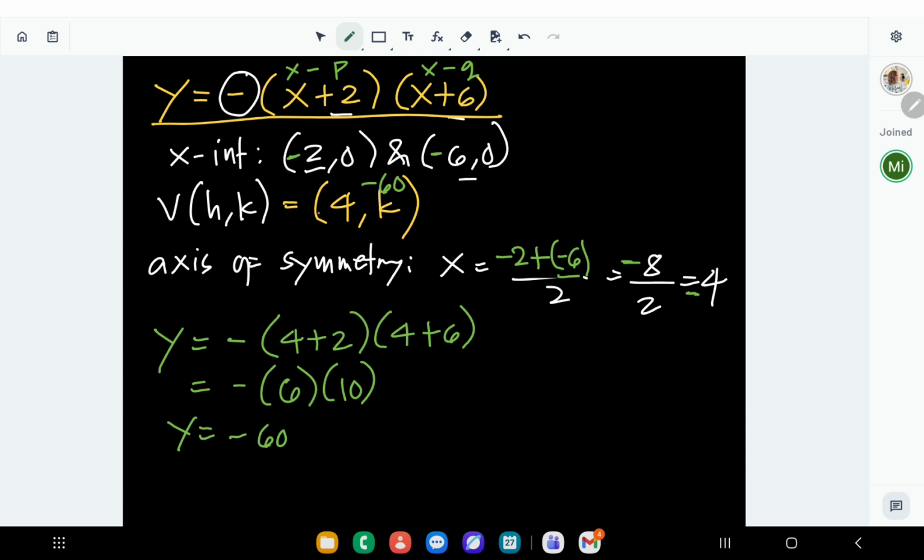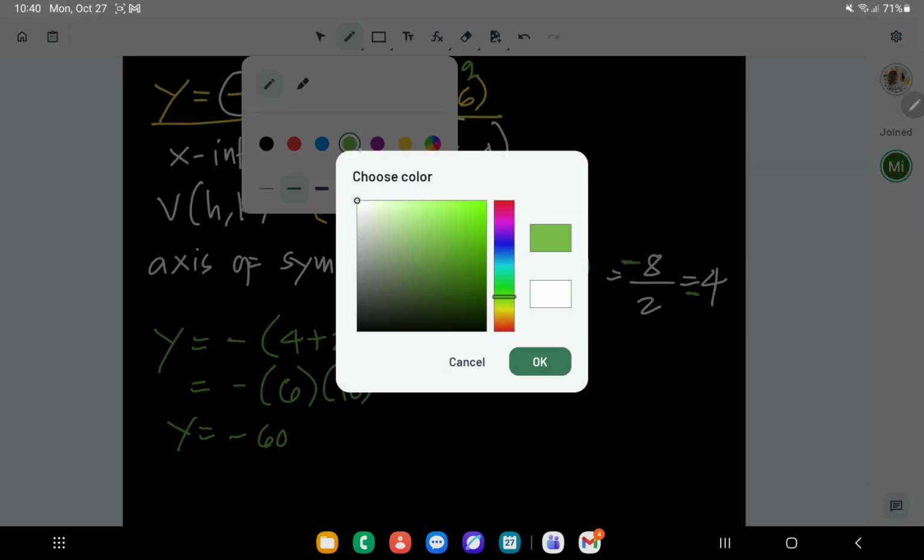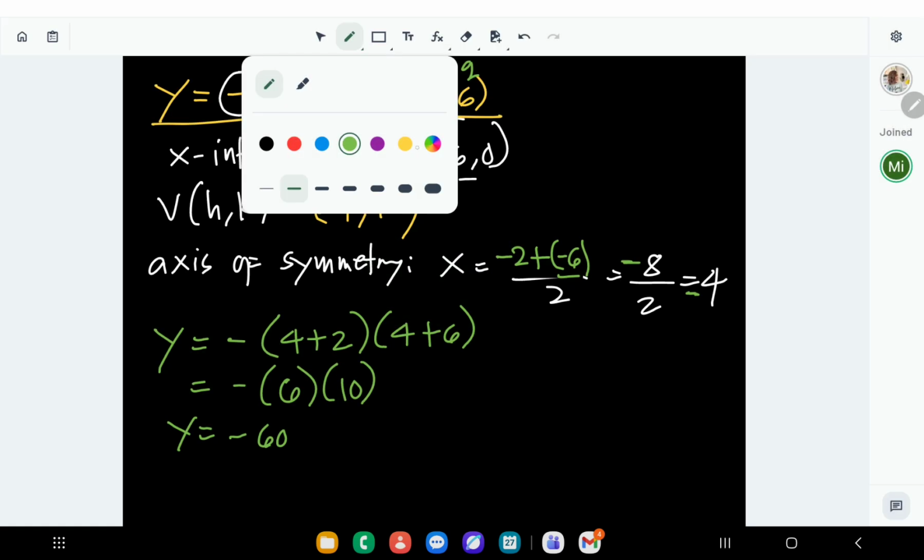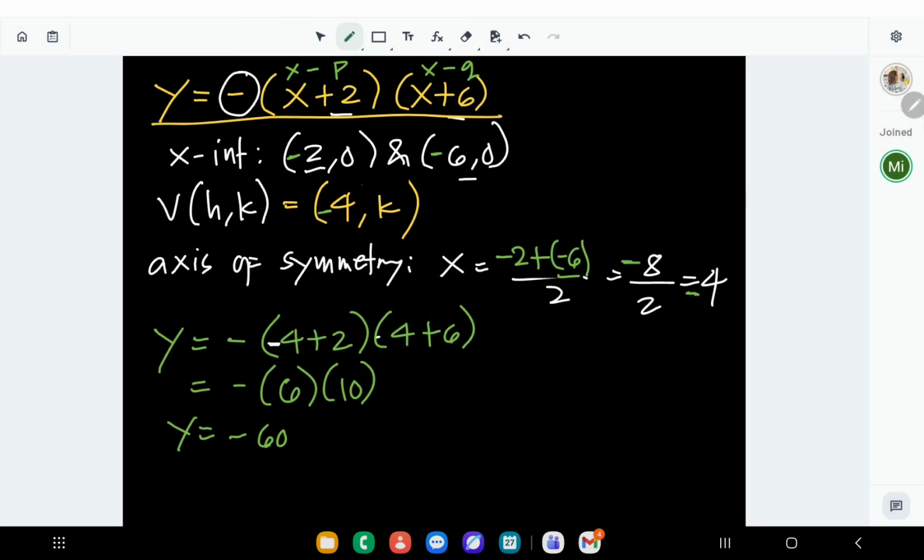So the x-coordinate of the vertex is negative 4. Then we plug in negative 4 here.